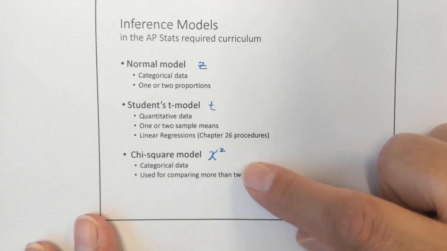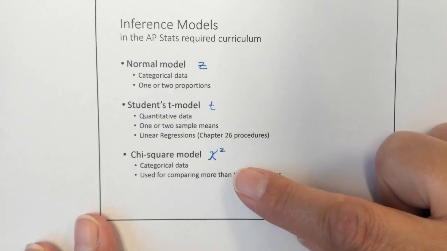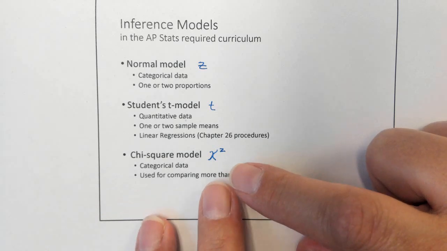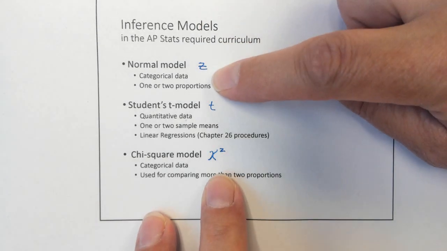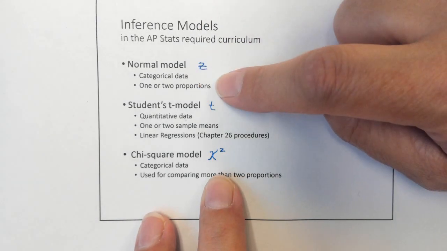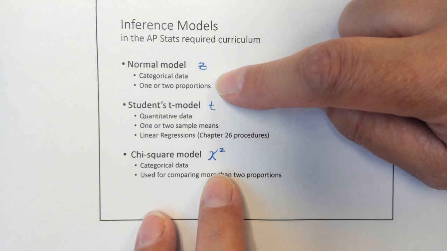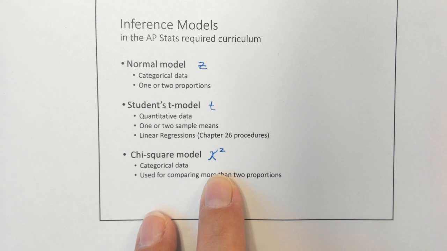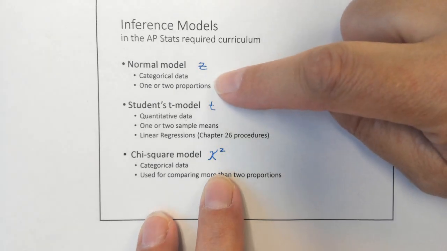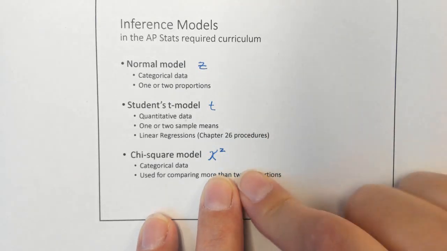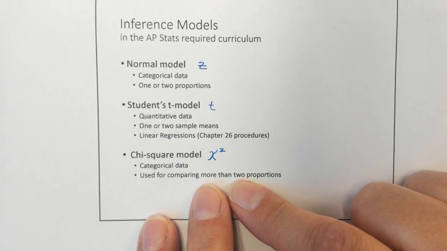The chi-square model is used when you have categorical data, and it tacks on sort of to this normal model up here, where the normal model loses, where we can't use it anymore, I guess, where it kind of runs out of space with 1 or 2 proportions. The chi-square picks up for situations where you have more than 2 proportions.